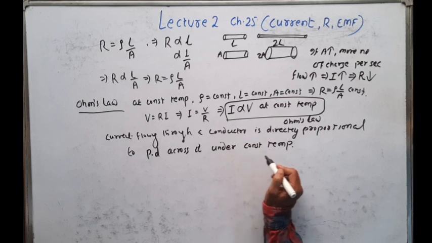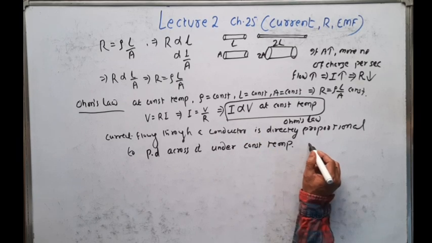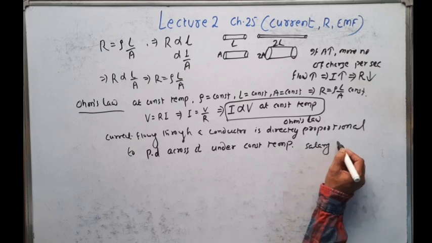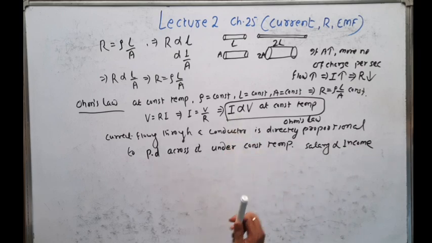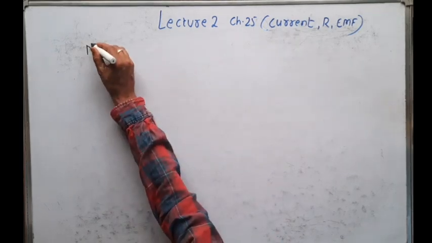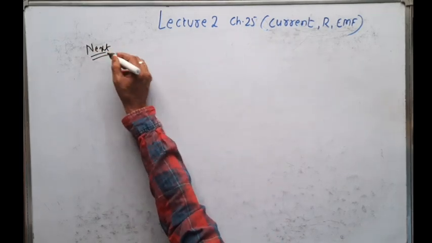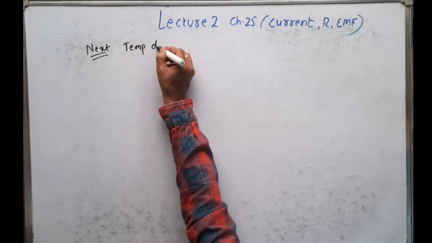Salary depends upon income, not vice versa. So we can say salary is proportional to income, not reverse. Similarly, here current is proportional to voltage at a constant temperature, which is Ohm's law. Next we will discuss the temperature dependence.